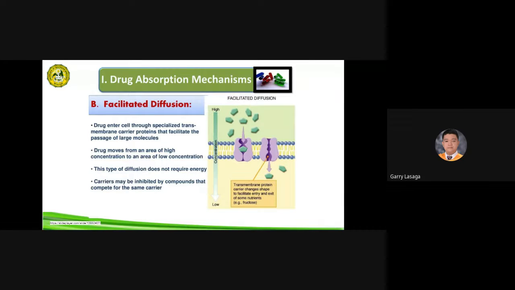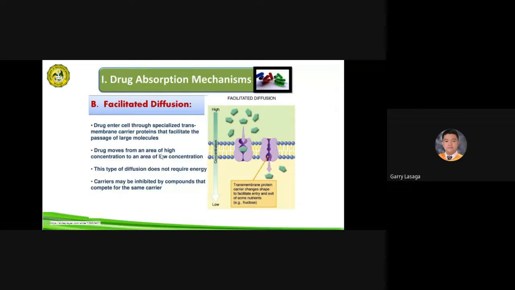So the second mechanism whereby drugs or substances are transported across the membrane is the facilitated diffusion. So in facilitated diffusion, the drug enters the cell through specialized transmembrane carrier proteins that facilitate the passage of large molecules. So these drugs will move from an area of higher concentration to an area of lower concentration.